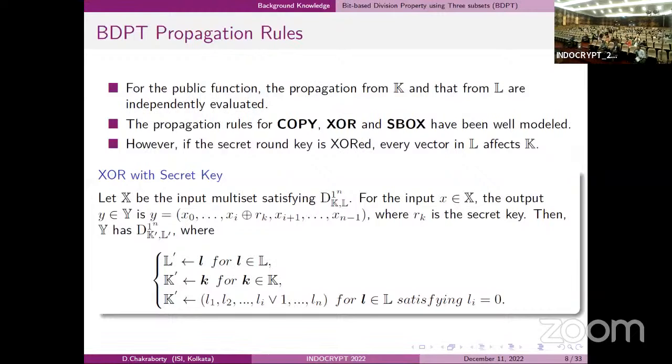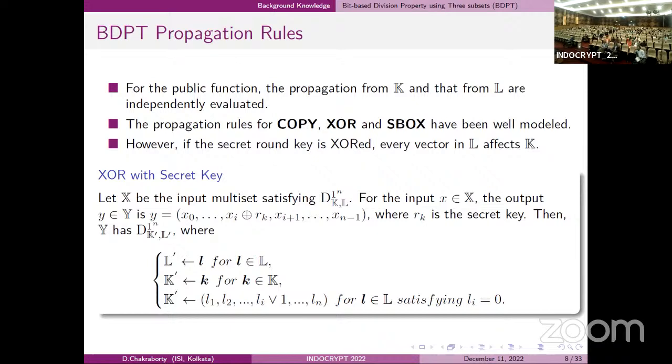For K dash, first we construct some new elements from each element of L, with this idea: as the key XOR operation happens at the ith bit, we check if the ith bit of Li is equal to 0, we make it 1 and then add it to the set K dash along with the previous K set.